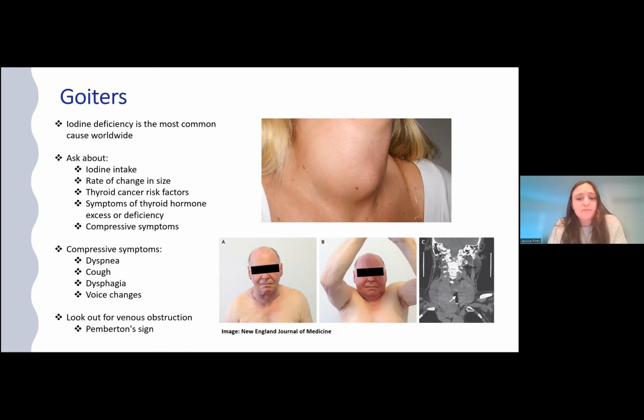Many times with goiters, you don't do much about them unless they're disfiguring to the patient and they're very worried, or if they have compressive symptoms, then that would require surgical removal. Other things you want to look out for is venous obstruction. If a goiter is large enough, it can actually compress your SVC. And so you'll ask them to raise their hands up and they'll have a positive Pemberton sign, which is when they have facial plethora.